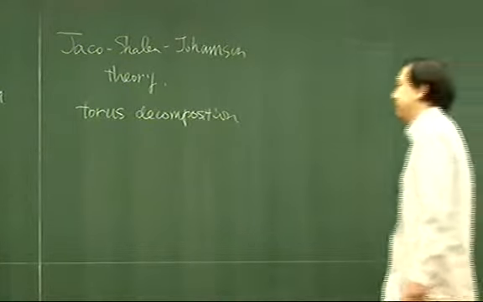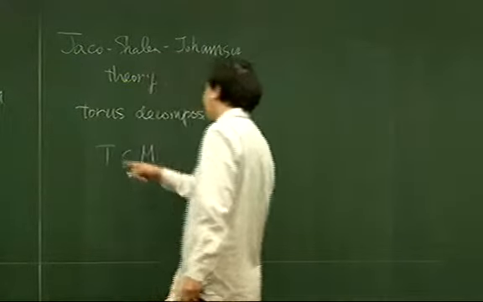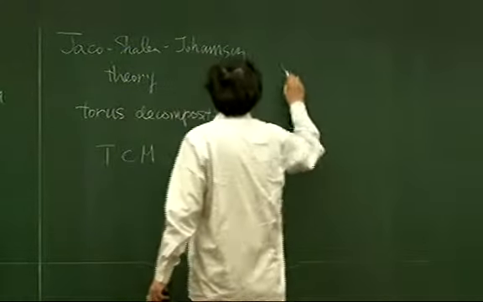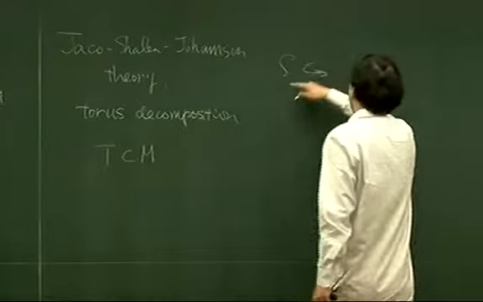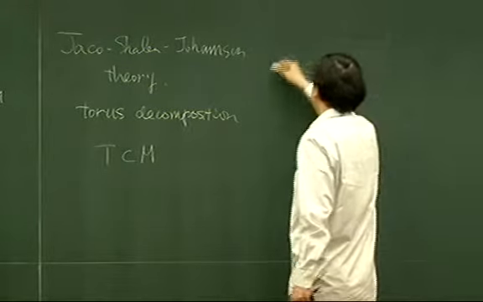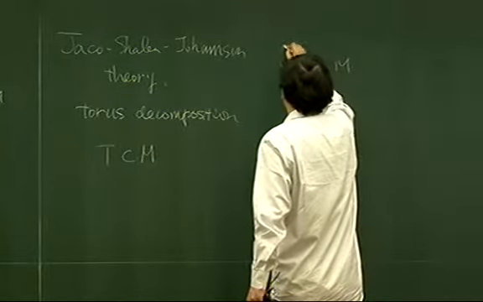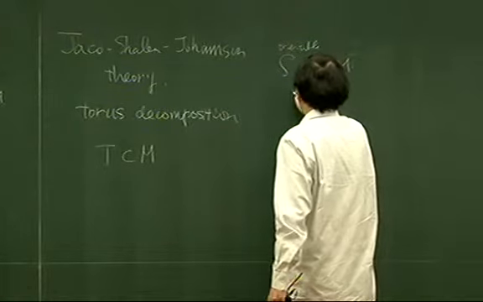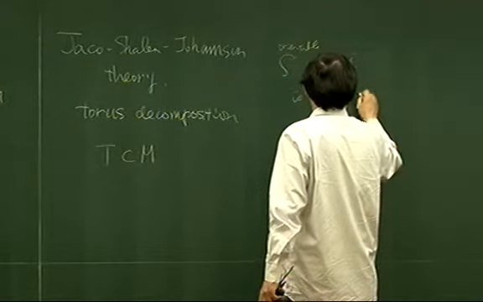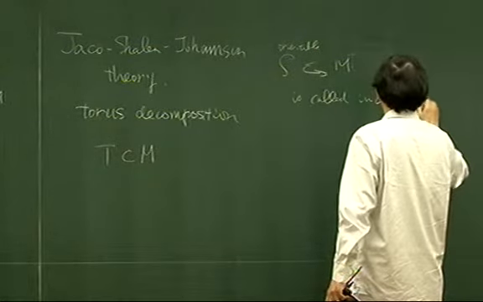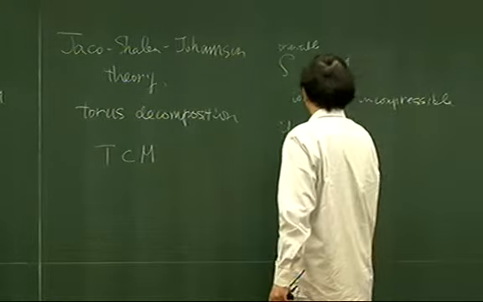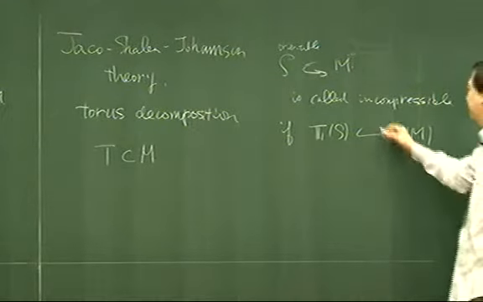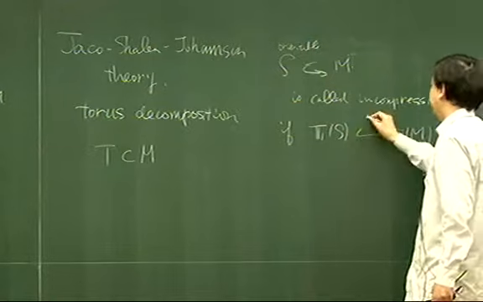So a torus. We consider a torus embedded in a three-manifold M, and in general, if there is an embedding of some surface into M, we assume all the things are orientable. So this is orientable, and this is orientable. Then this is called incompressible if the pi1 of S injects into pi1 of M by the homomorphism induced by the inclusion.